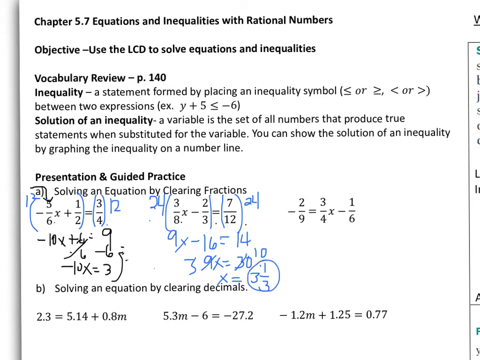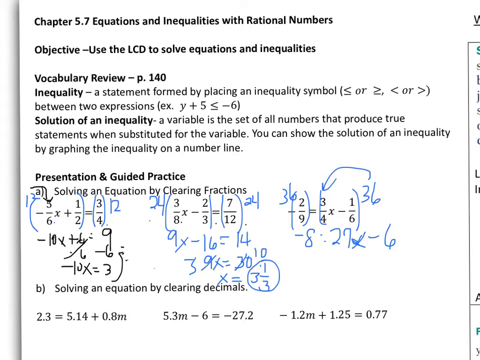Okay, and for the next problem, the LCD of 9, 4, and 6 is 36. So we multiply 36 to both sides of the equation. 36 times negative 2 over 9 is negative 8. 36 times 3/4 x is 27x. 36 times negative 1/6 is negative 6.